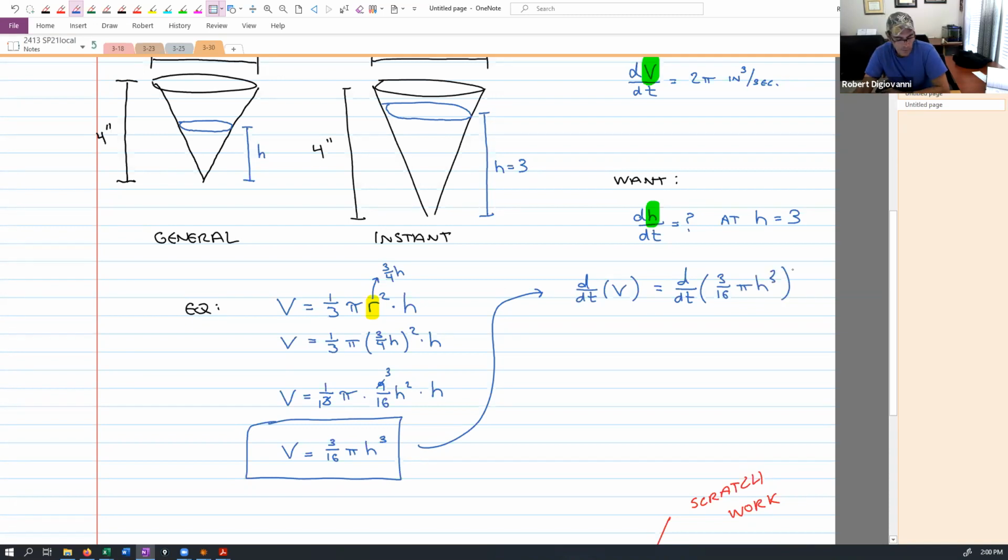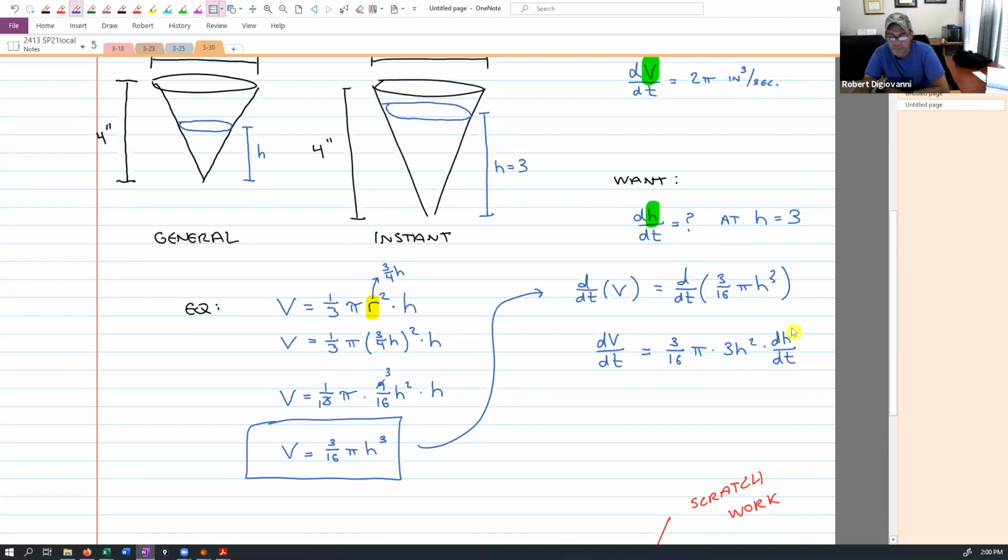Okay, so derivative of the left side is just dV dt. And then derivative of the right side, you don't need product rule because 3/16 pi is a constant, so it comes for the ride. But you do have to take derivative of h cubed, which is 3h squared times dh dt.